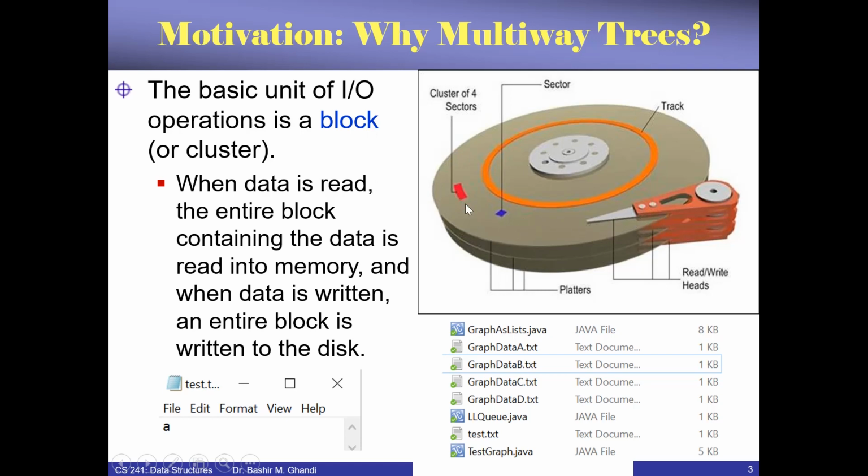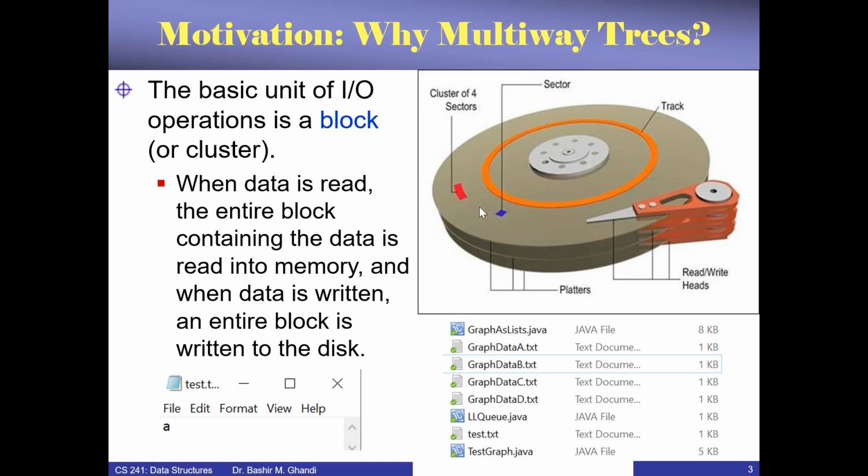So spinning the disk for the head to be just at the beginning of the block is called rotation time. Sometimes it is called latency time. This also takes time. So first we seek to locate the track, then we rotate to reach the block.